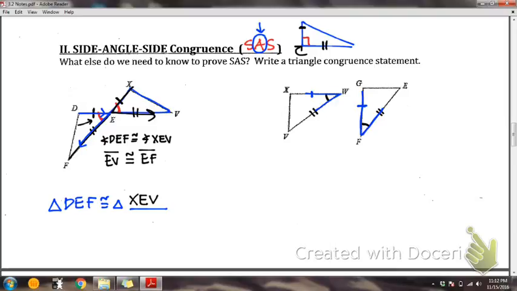Okay, so it says what additional information? We would need to know that XW is congruent to GF. And if that is the case, then these two would be congruent by side, angle, side. So this time I'm going to write the congruency statement as VWX is congruent to what? I want you to tell me. If I said VWX, what would you say?